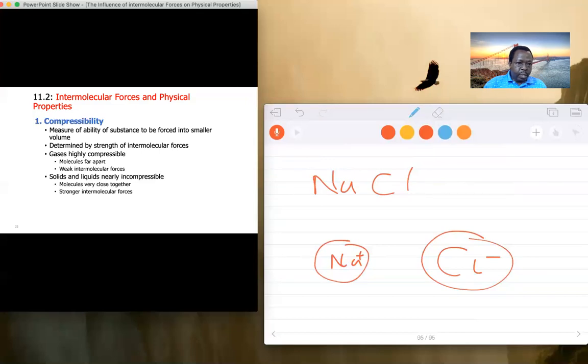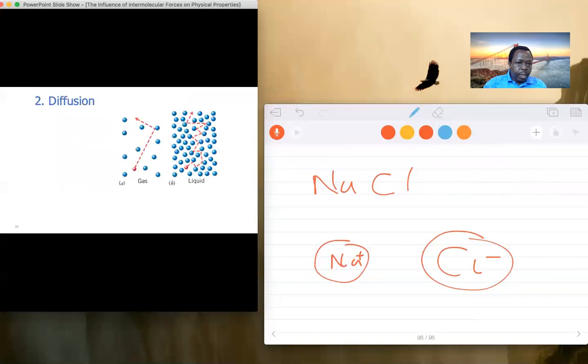You may have seen also the rate of diffusion depending on the state. Gases can diffuse faster than liquids. What you see is a red sphere, a molecule diffusing from one end to the other end. For gases, it can diffuse fast. For solids and liquids, it will take some time because of the intermolecular forces before it gets out.